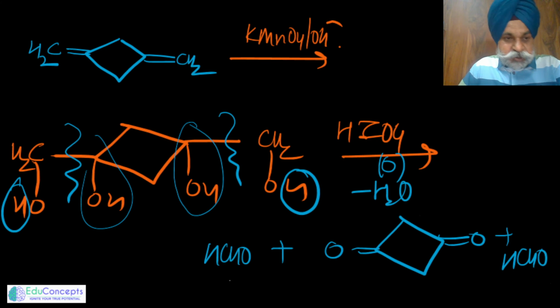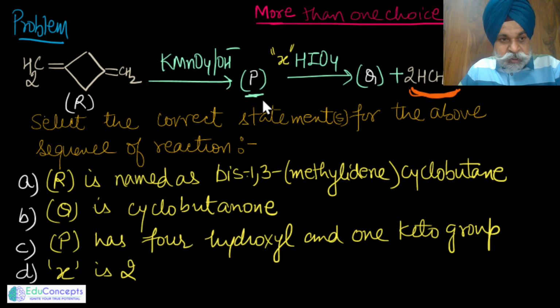So we are almost through the question and we are able to understand the answer. Let me see what options we have. Here we created a diol, and it is perfectly fine. Now the point is what we were supposed to do in this question.